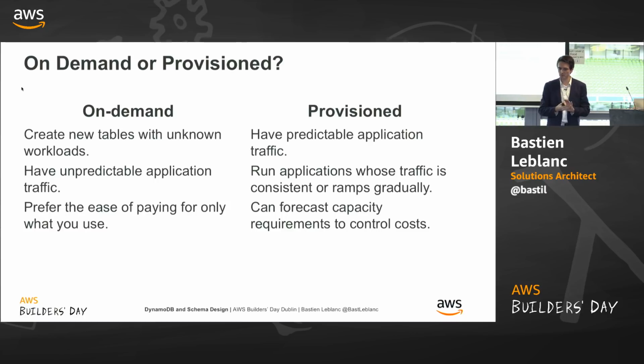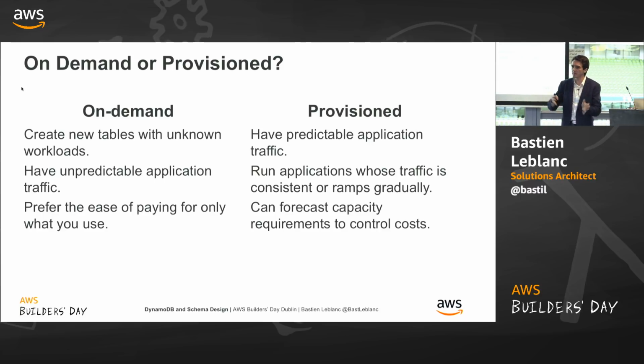But it's not meant for when you have predictable traffic. I would still advise you to stick to a predictable provisioned manner if you know actually how you will use your application.